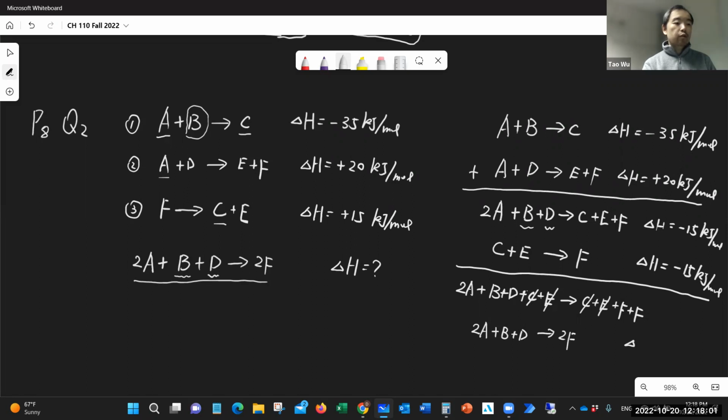And the delta H for this equation is just the addition of those two, which is negative 30 kilojoule. And then let's review. Is this equation exactly the same as the required equation? Yes. So that is why the enthalpy of this reaction is negative 30 kilojoule.